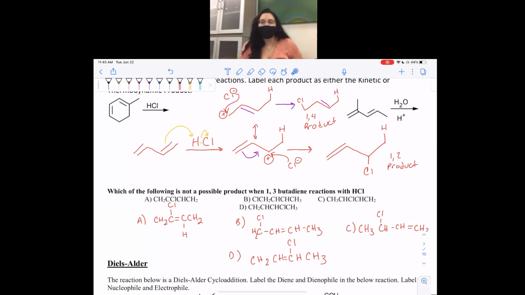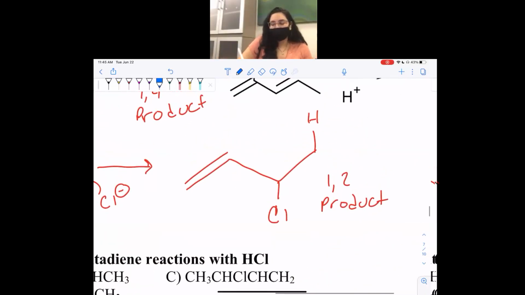And someone asked where I'm getting the numbers from. So basically what we talked about last time was picking arbitrary numbering. And what I mean by that is we're not necessarily doing IUPAC numbering. I personally like to always start where we add the hydrogen. So the hydrogen is always going to be 1. And then we see 2.